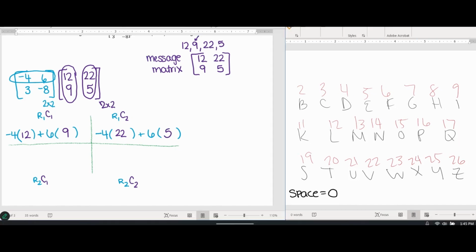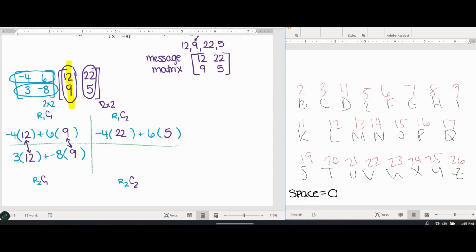our 22. Next, we're going to take row 2, that 3, negative 8, and we're going to multiply it by column 1, which was our 12, 9. Remember, what's in parentheses should line up.